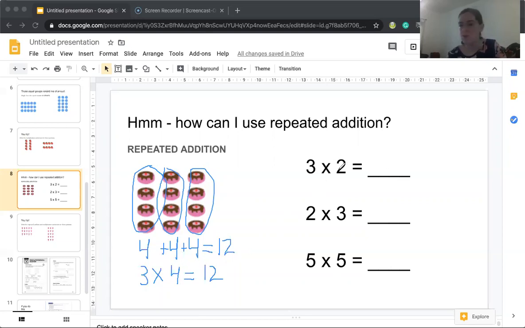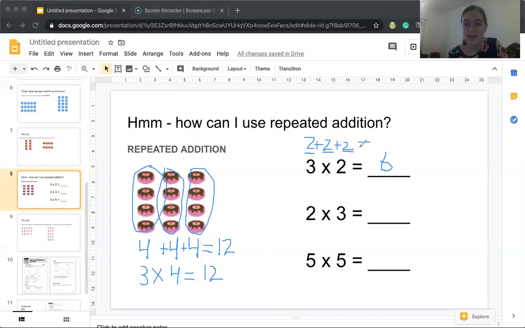So let's look up here. So I have 3 times 2. What is 3 times 2? We know the product of that is 6. But to find that product, I could use repeated addition. So I know I have 3 groups. So 1, 2, 3, and each one has 2. So 2 plus 2 plus 2.